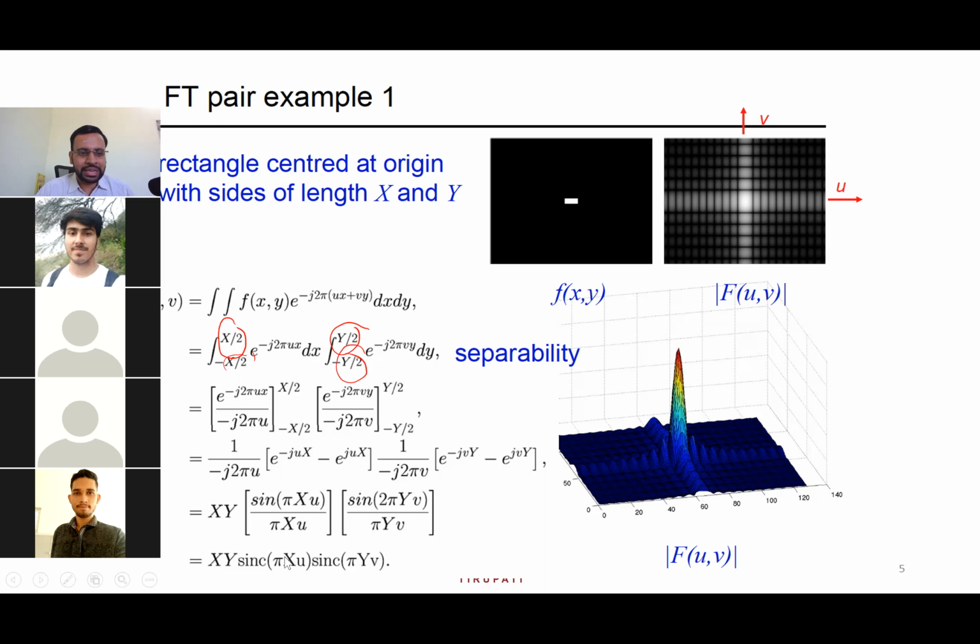Okay, and then as I was mentioning earlier, you should be comfortable drawing any sinc function, not just sinc of x where it is 0 at 1, 2, 3, 4, but any sinc function also you should be comfortable drawing. So that would be now sinc, that's the multiplication of them, and then capital X, capital Y, don't mistake it with varying values, it's just minus X by 2 to plus X by 2. So for example, compared to the box function, X and Y would be 1 here.